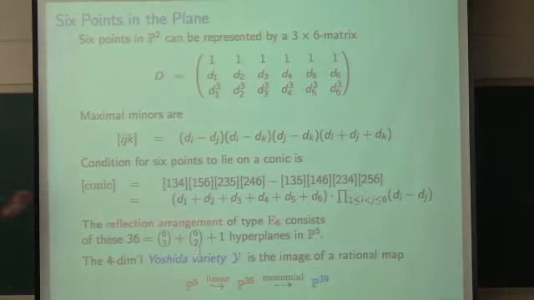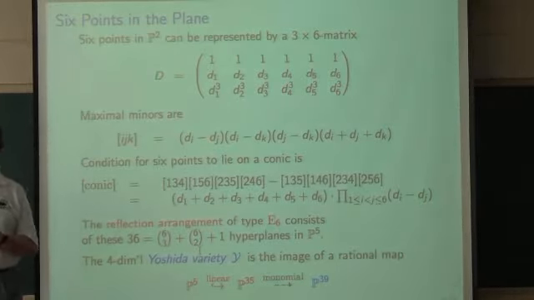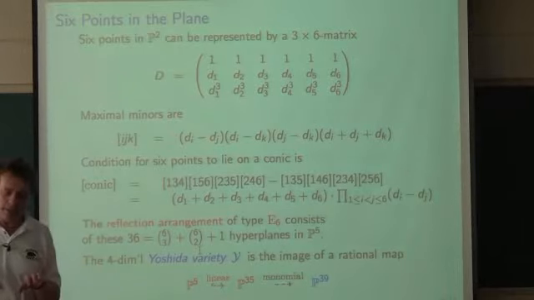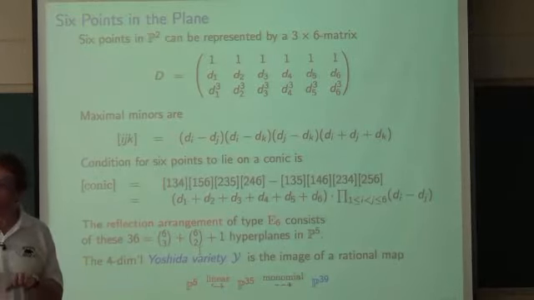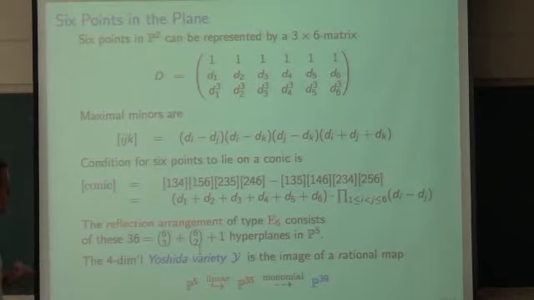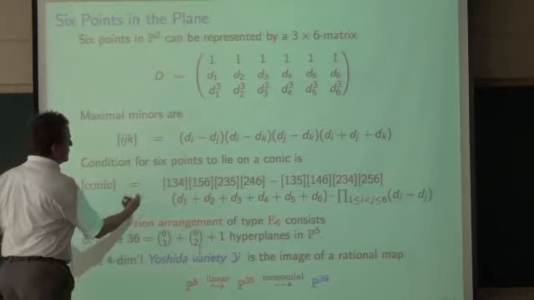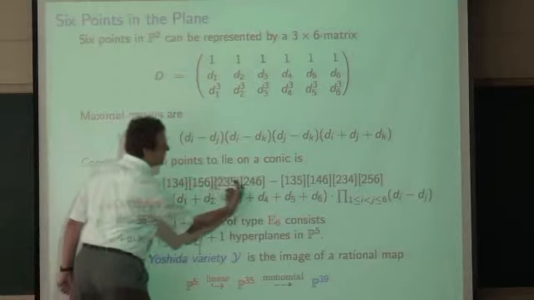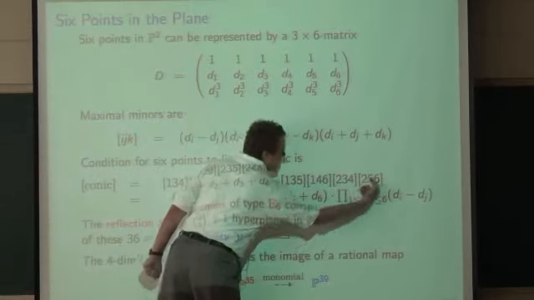Now let me also record one more condition. There's one more geometric condition that you can have on 6 points on the plane. 6 points can either be on a conic or not. So the condition for them to lie on a conic is that this product of minors is equal to that product of minors.